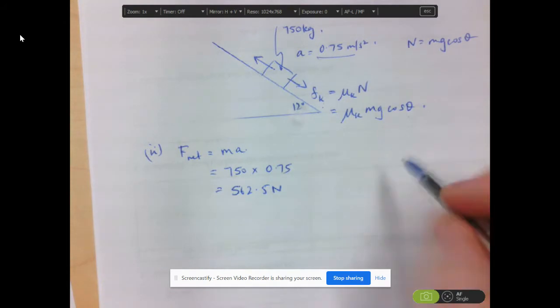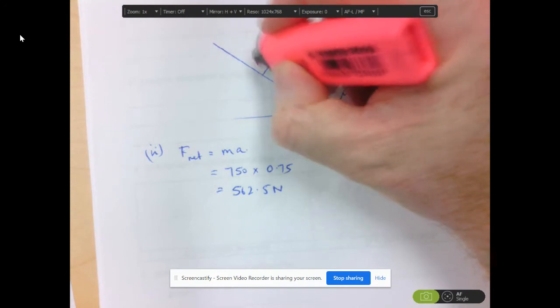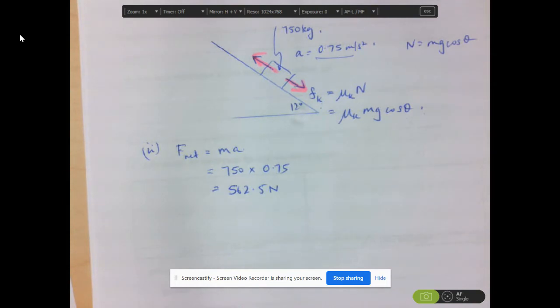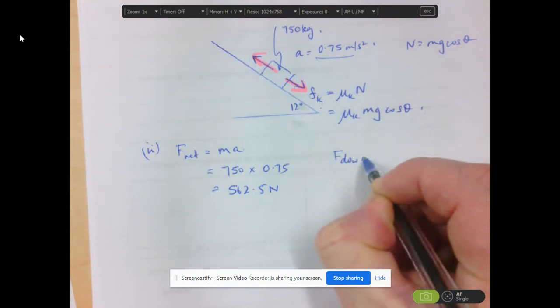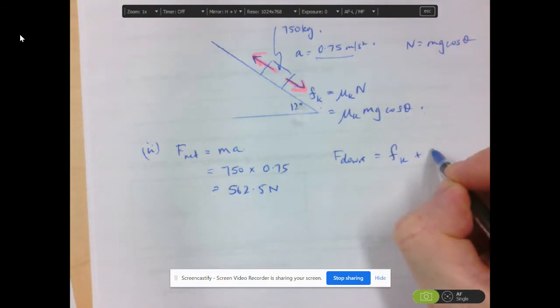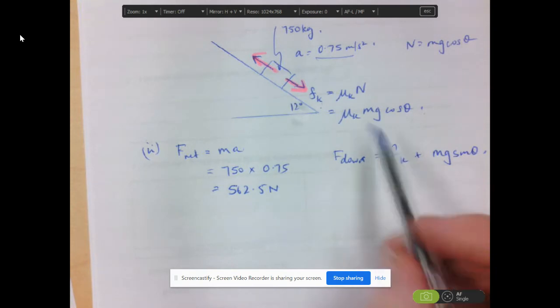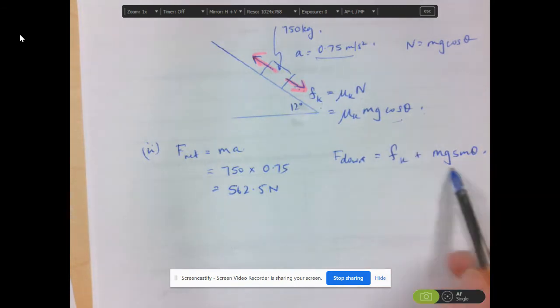But the force that is actually on this car is two forces. There's a force going up and there is a force coming down. So that force going down the plane is not just this. The forces down the plane would be friction plus the downward force of mg sine theta. So remember, it's not just this, even though my arrow here has got friction, that's the frictional force, but it also has this component of weight going down the page.